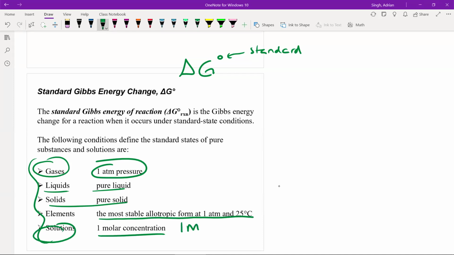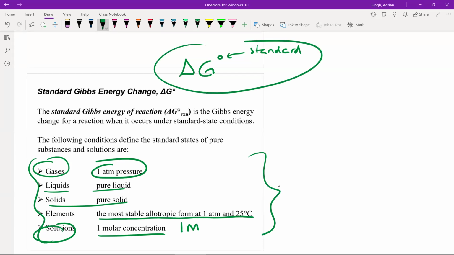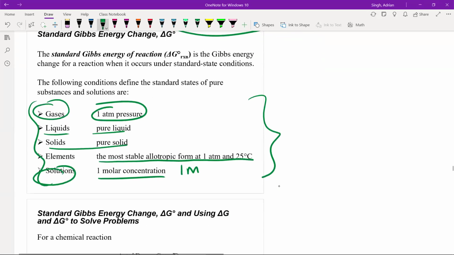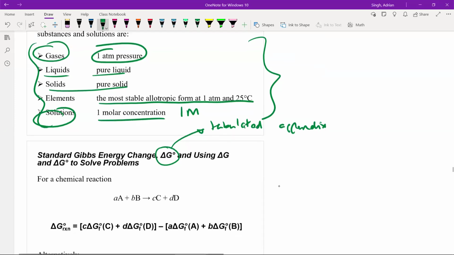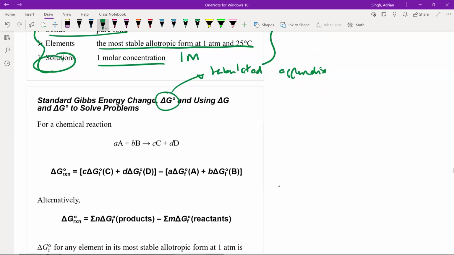So these are important because we're defining these as the standard conditions for our Gibbs free energy. And these delta G values are tabulated, so you can look these values up in the appendix in the textbook. It's the same type of approach we're going to take to determine the delta G for a reaction.